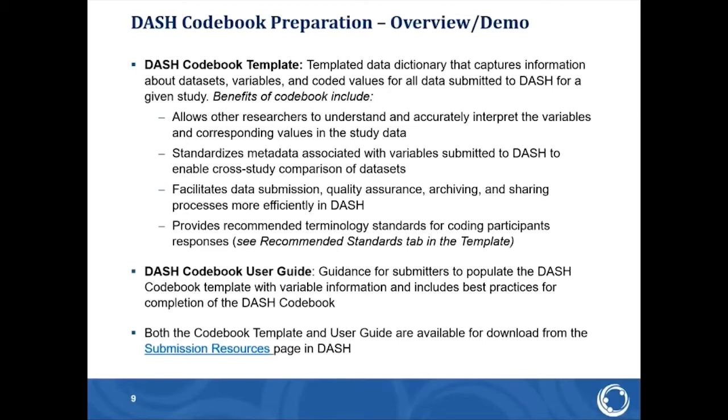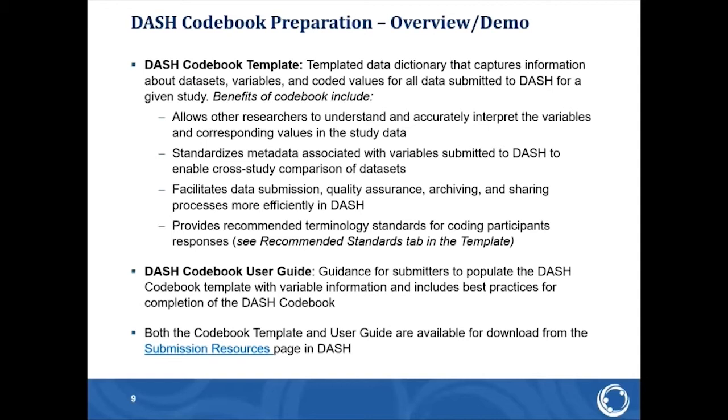We are standardizing variable metadata across submissions and improving the quality assurance to make these variables more discoverable within DASH, as well as promoting terminology and harmonization of these variables across submissions. Both the template as well as the codebook user guide are available on our DASH website to download from the Submission Resources tab.